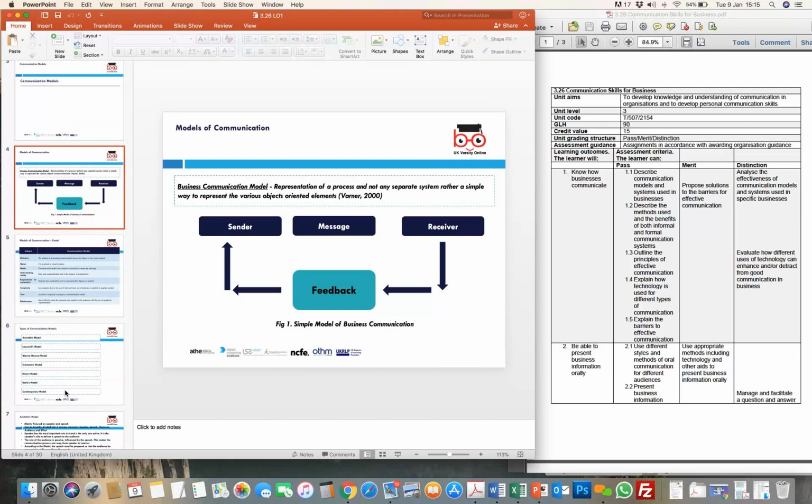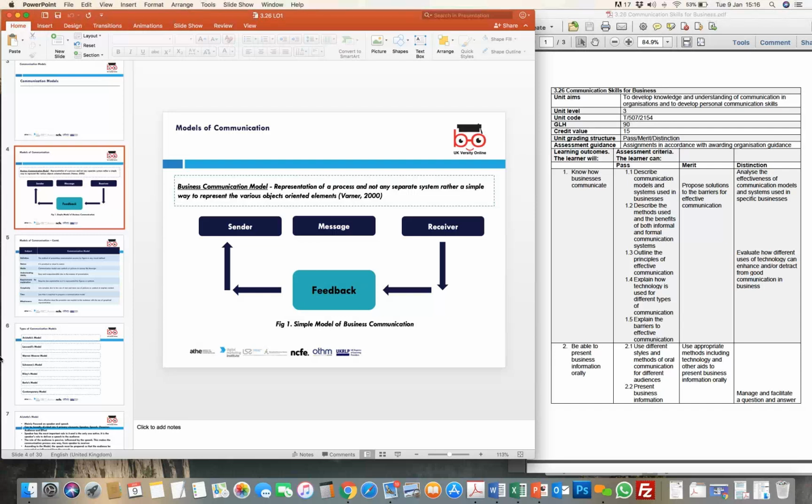If I say something in the room and there is nobody to respond, nobody to understand the message, or if I start speaking French and you do not understand French, then though you're receiving the message, you're not able to decode it and give me feedback. So the whole process still does not get completed unless all the elements of the process work in tandem, or work together.